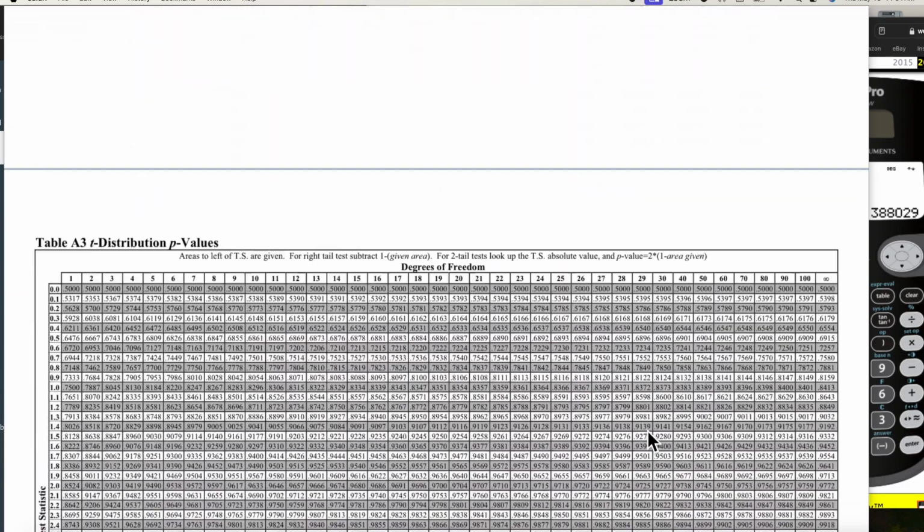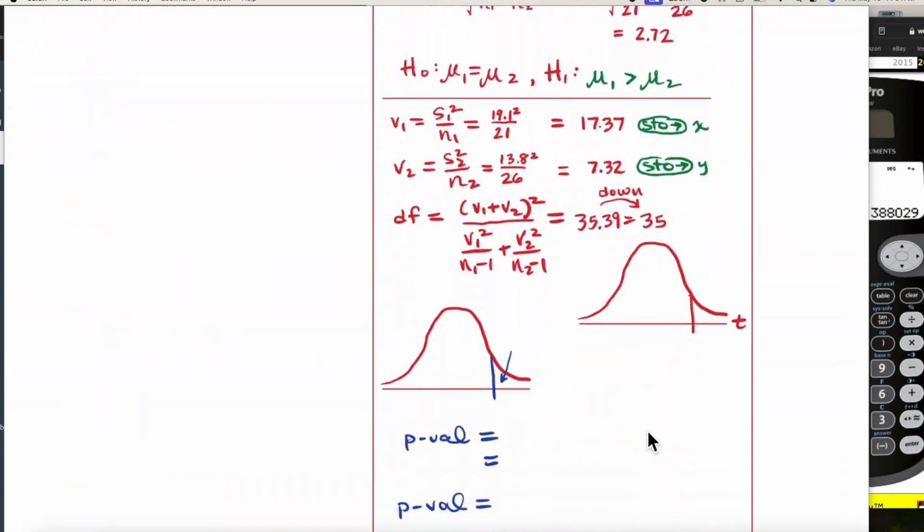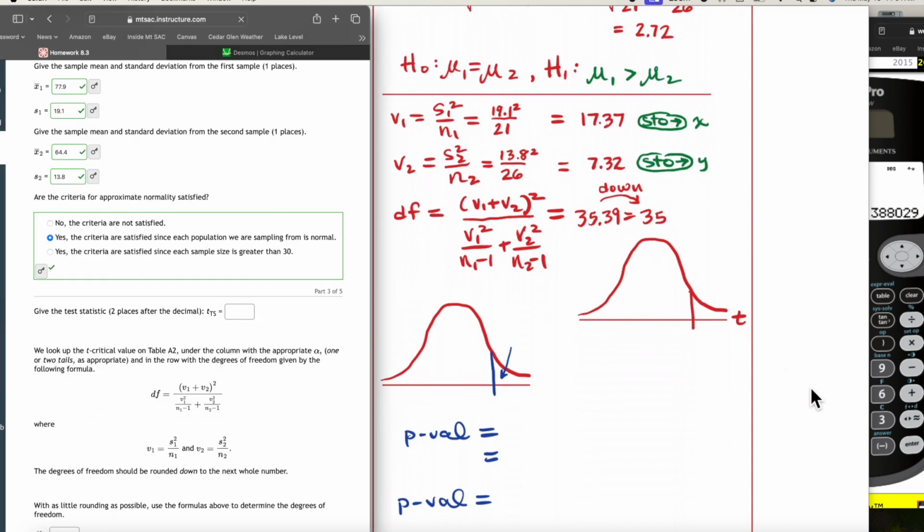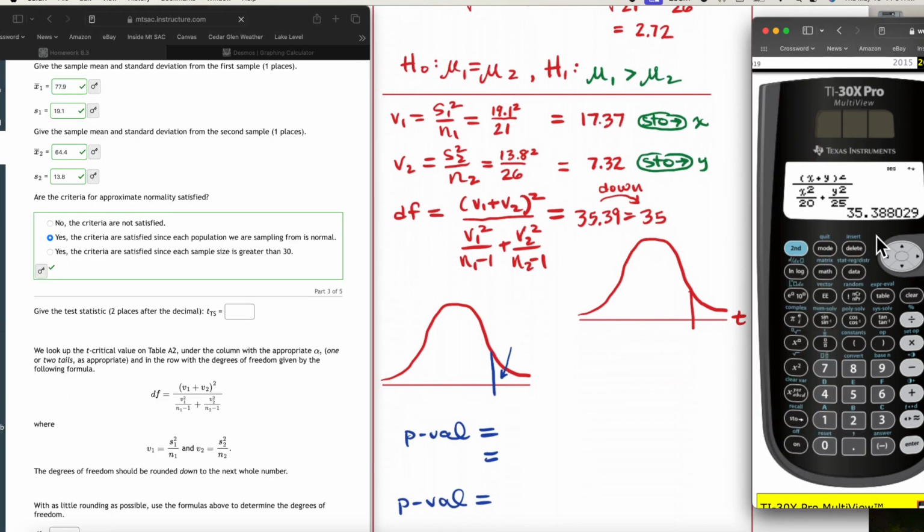And we'll slide on down. Make our note 2.438 is our T critical value.